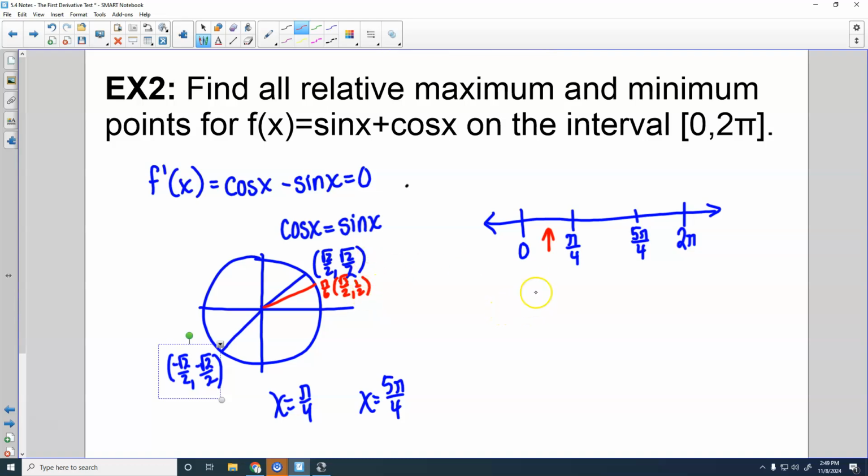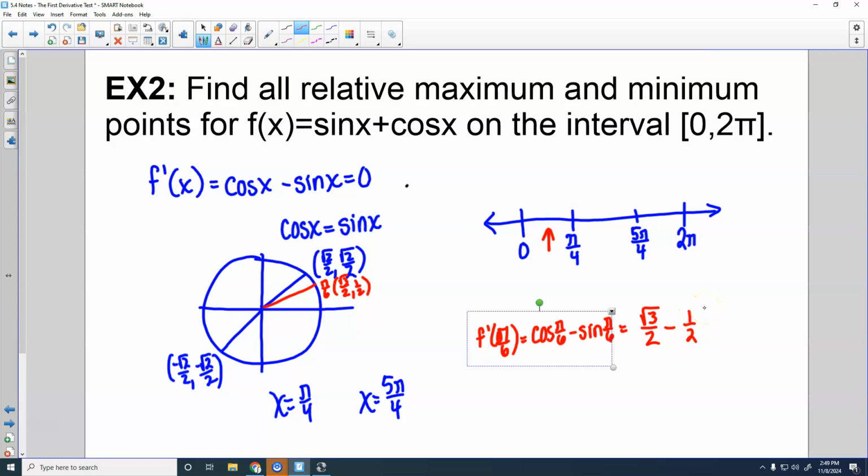So f prime of pi over 6 would give us cosine of pi over 6 minus sine of pi over 6. And cosine of pi over 6 is square root of 3 over 2. And sine of pi over 6 is 1/2.